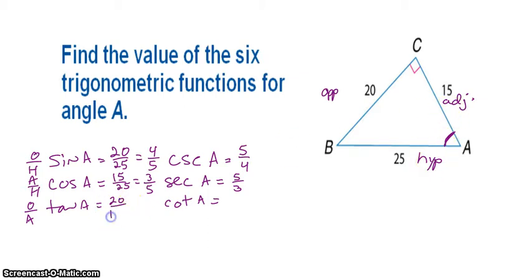Adjacent's 15. And that's it for those. So label your angle, label your sides, get your answers all set up. So long as you always go in this kind of order, you'll have that flow going for yourself.